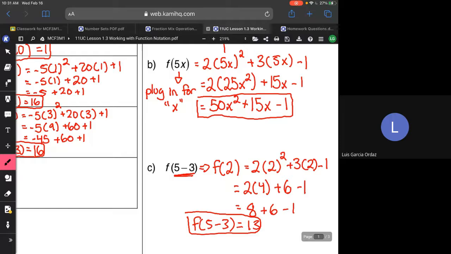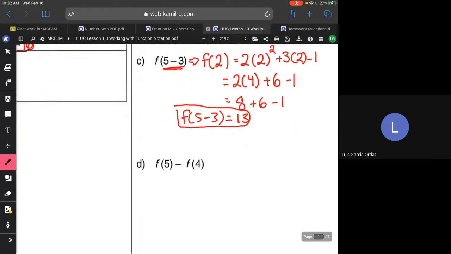Any questions about this? Remember, f function notation is just another way of writing y is equal to a function, and then just solving for any specific x value to help us find the y value.